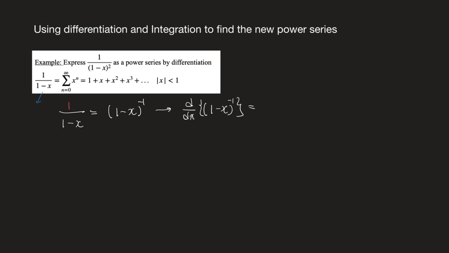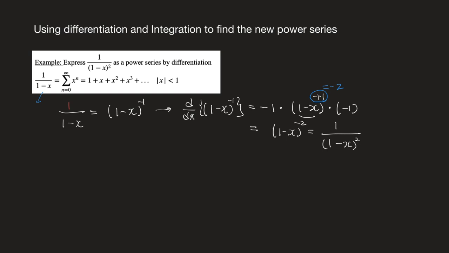Don't forget the chain rule. The power is negative 1: negative 1 times (1 minus x) to the negative 1 minus 1, times the chain rule inside derivative negative 1. Negative times negative is positive, and the exponent is negative 2. So you have (1 minus x) to the negative 2, the rational form 1 over (1 minus x) squared. So 1 over 1 minus x, take a derivative, you have 1 over (1 minus x) squared.